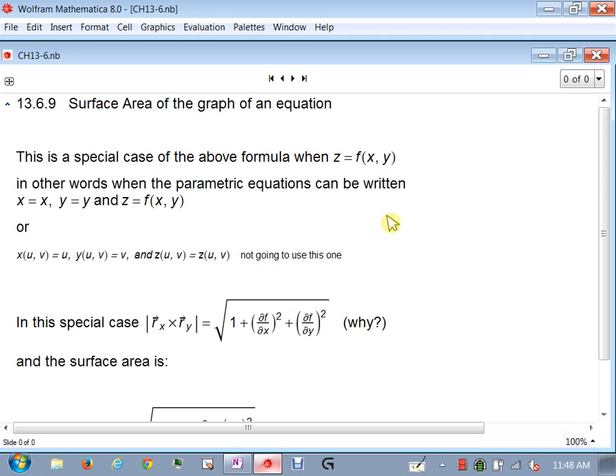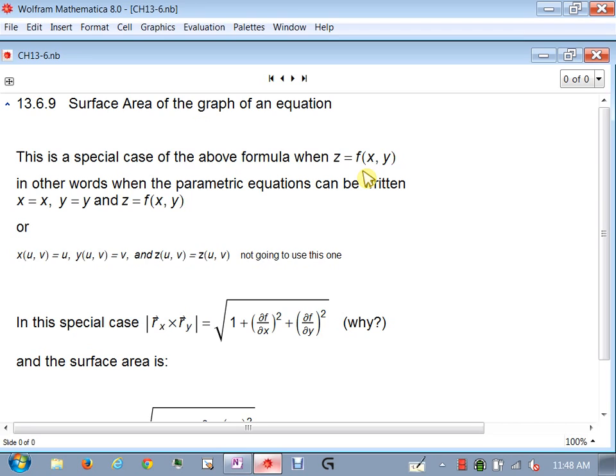Now, in the special case where your vector equation is just our standard function of two variables, remember when we were first studying functions of two variables, we said you plug in an x, you plug in a y, and it gives you a z, and you put all those together and create this surface, where the domain is the ground.